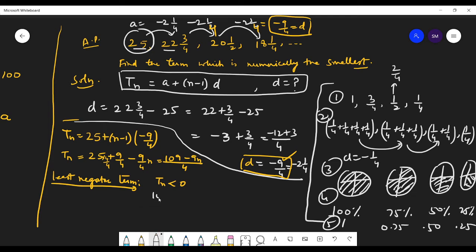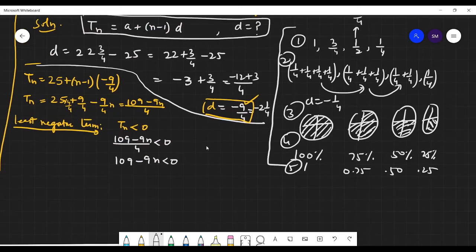So it means 109 minus 9n upon 4 will be less than 0. So multiply both sides by 4. What do you get? 109 minus 9n is less than 0. Yes or no?